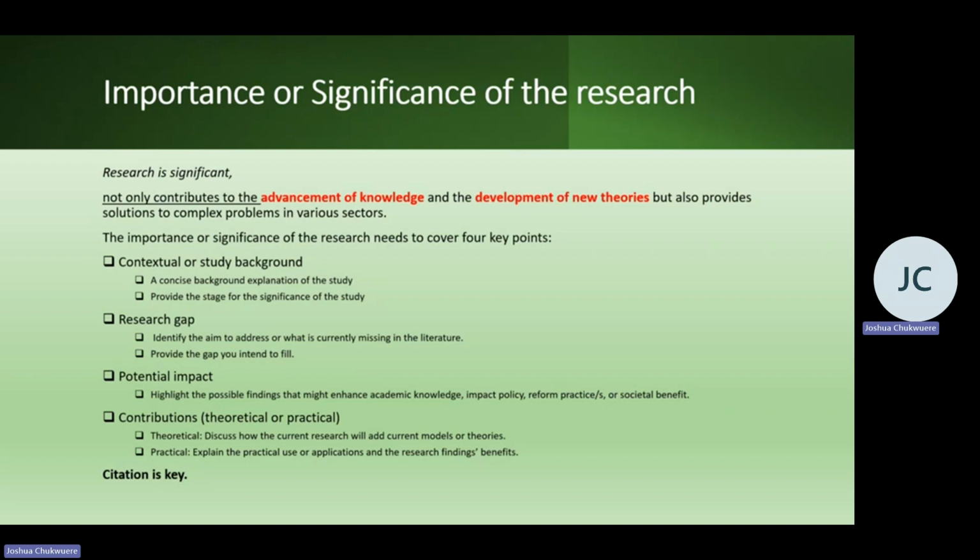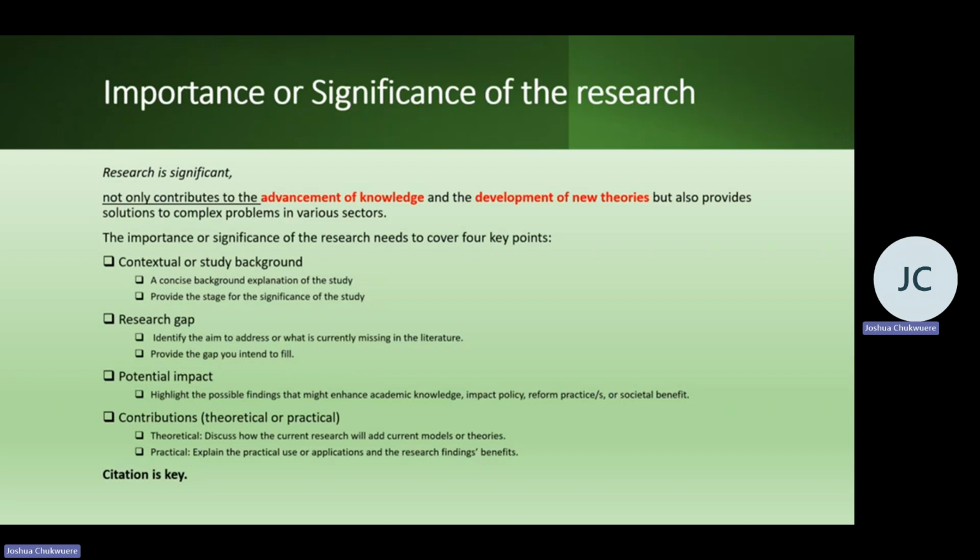Benefit of the study. By so doing, you are able to tell the reader that yes, this study might have identified the problem, but look at how the problem will be addressed, look at how to put it into practice to make sure that the problem that has been identified is addressed.